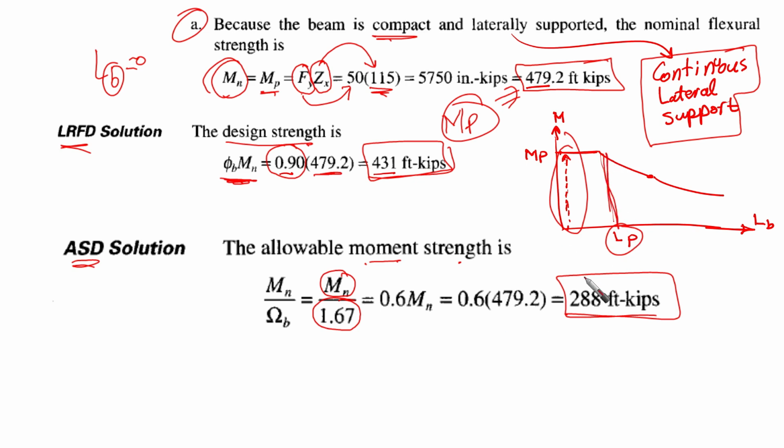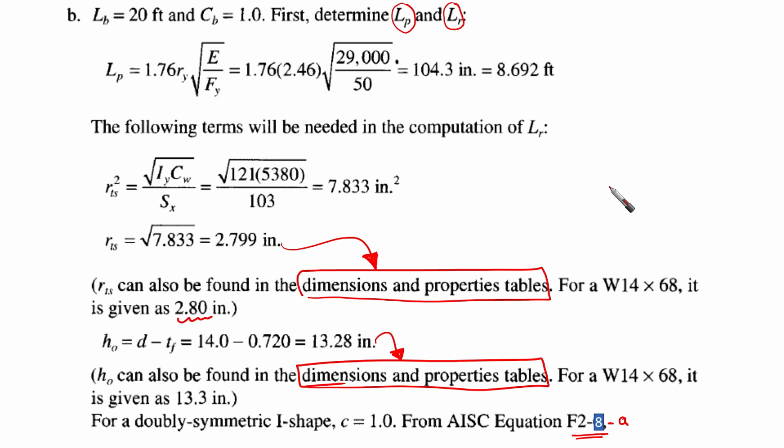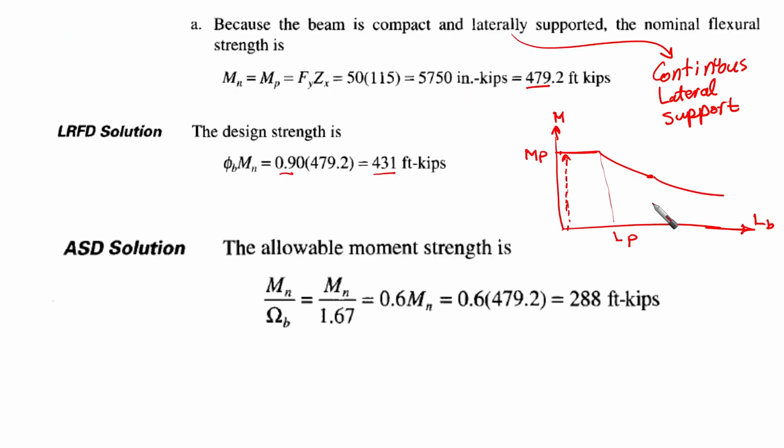Let's go to the next part, which is requirement B, where L_b equals 20 feet and C_b equals 1. First of all, we want to check where L_p and L_r are. What are our limits? We want to know where L_p and L_r are, so we need to calculate them.